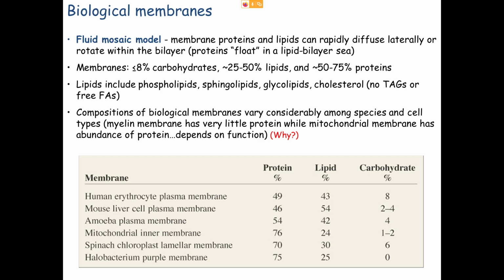I need to identify my comrades. So you have 8% carbohydrate there. Those are your sugar trees on the surface, so that one cell running into another knows, oh, you're part of our organism, right? You're part of us. Let's not destroy you. If you don't have the right carbohydrate tree, then we're in trouble, right?